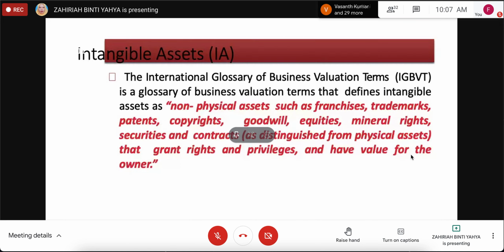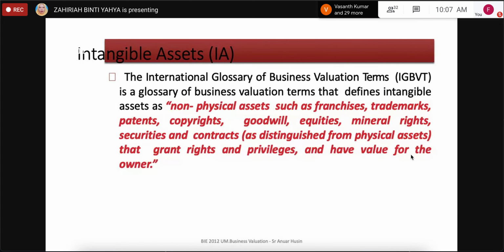Gerimis Mengundang. Katalah seorang lagi ada copyright lagu Gerimis Mengundang.